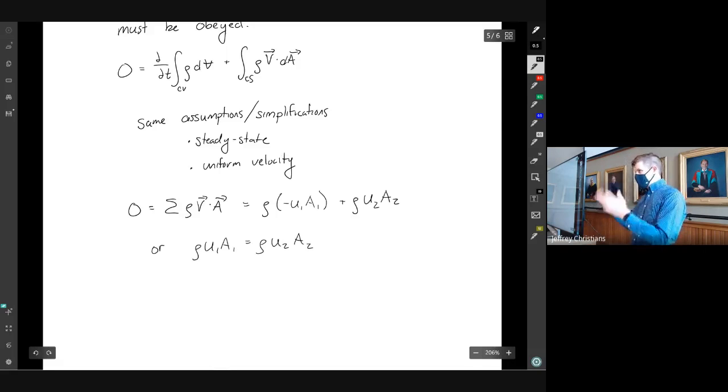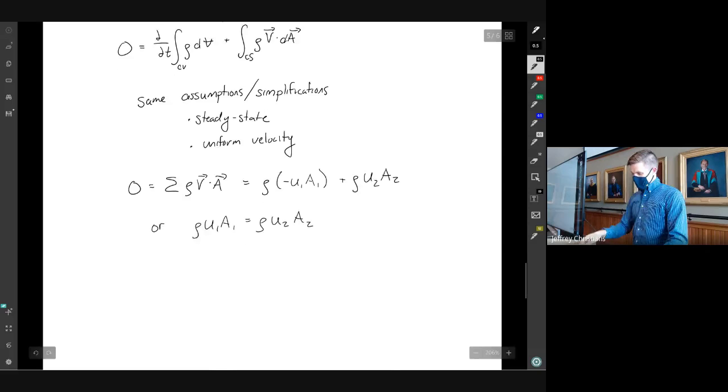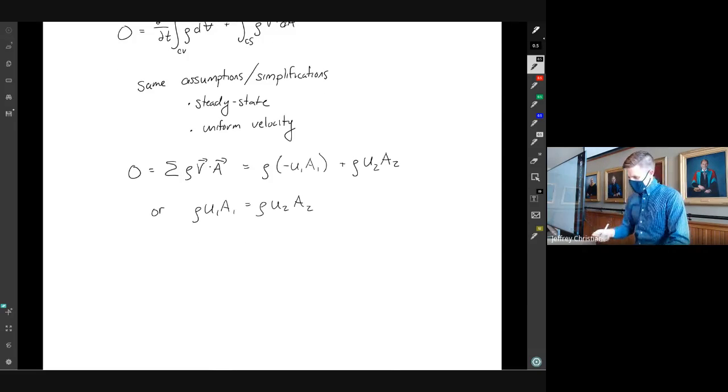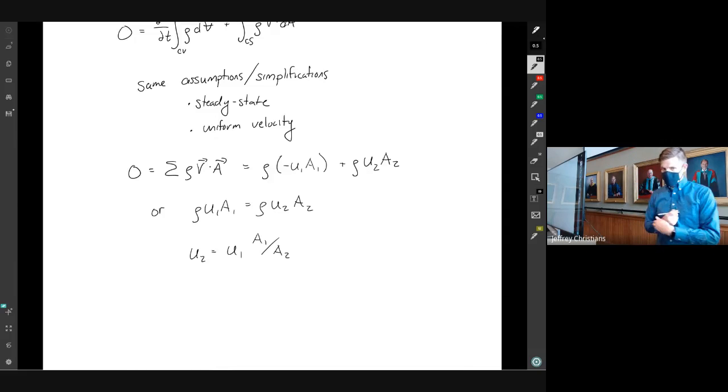The mass flow rate in equals the mass flow rate out. Okay, if this is true, we can relate the inlet velocity to the outlet velocity. So our outlet velocity, U2, is going to be equal to U1 times the ratio of the two areas.